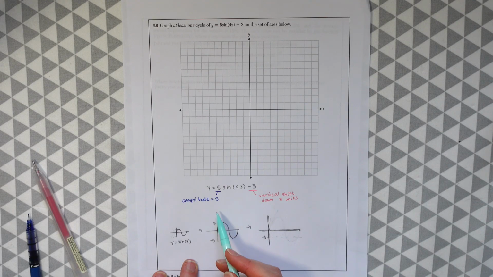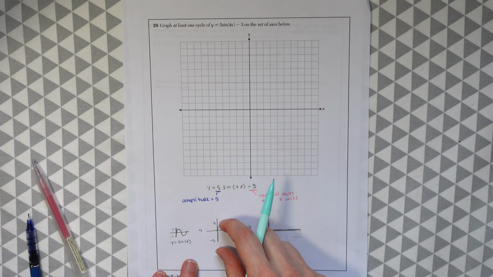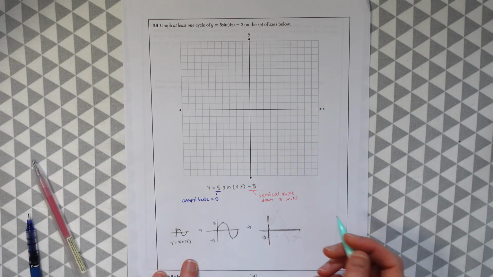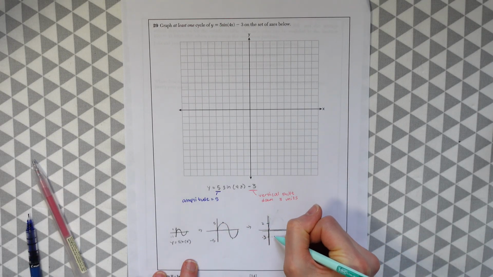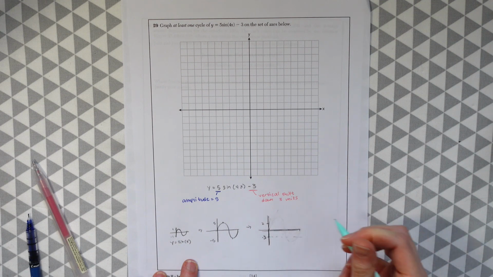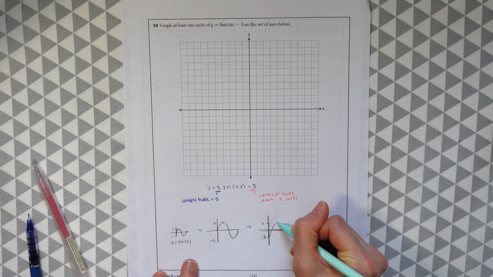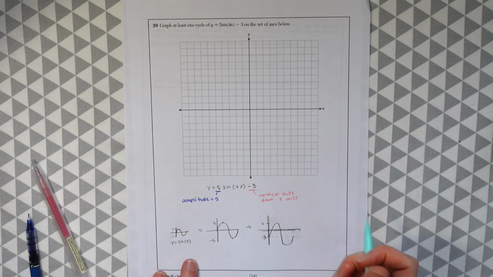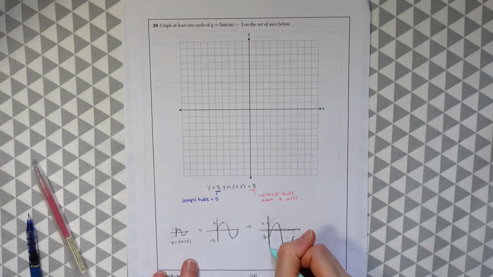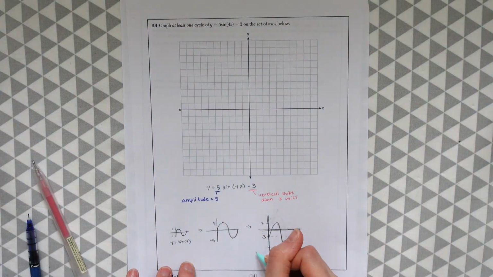And this is also going to affect the max and min of our graph. So before our max was 5 because of the amplitude, but now we're going to be shifting this entire graph down 3 units. So 5 minus 3 will give us 2. So our highest point will be at 2 now. Our lowest point is going to be -5 minus 3, which is -8.